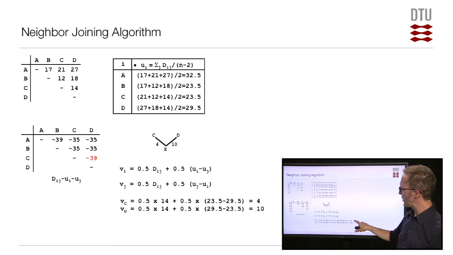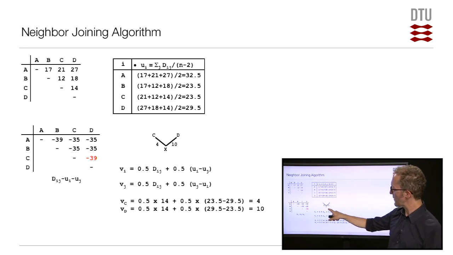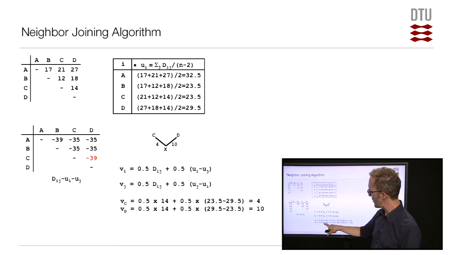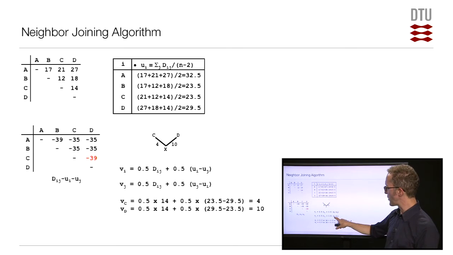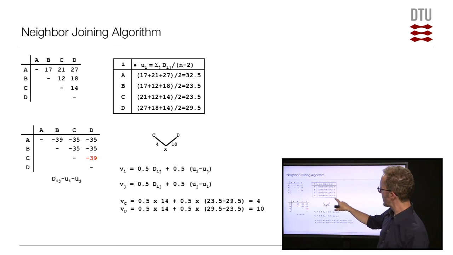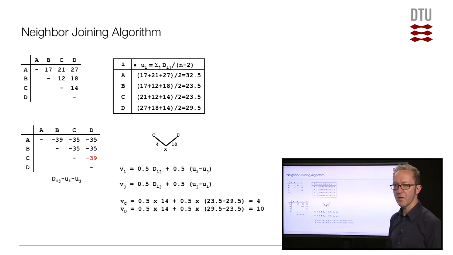Plug in the numbers, do the computations, comes out at 4. Do the same for the other node: 0.5 times 14 plus 0.5 times U for, in this case, D minus U for C. Plug in the numbers, the value is 10.